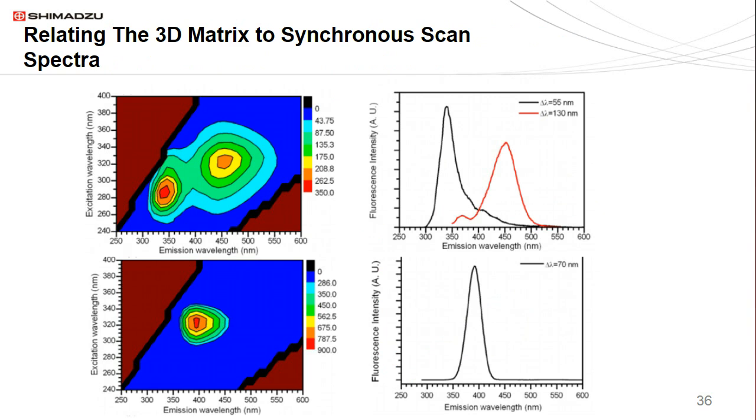So here I wanted to show you that the generalized rules that I gave you at the beginning of this, the fact that small offset leads to simplification and large offset leads to a more complex structure, are just that, generalizations. Here on the lower figure, the lower contour plot, at an offset of 70 nanometers, you still get a single peak.